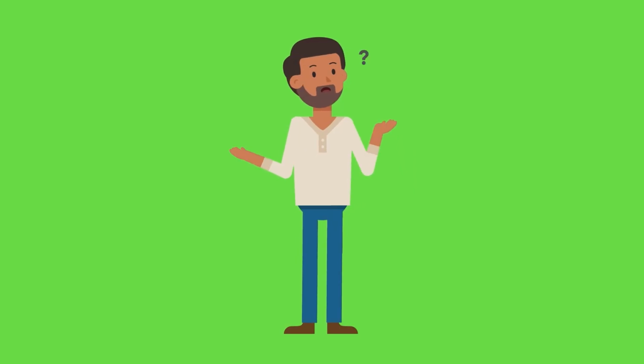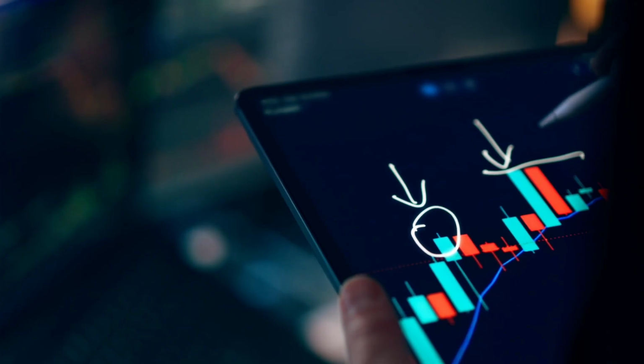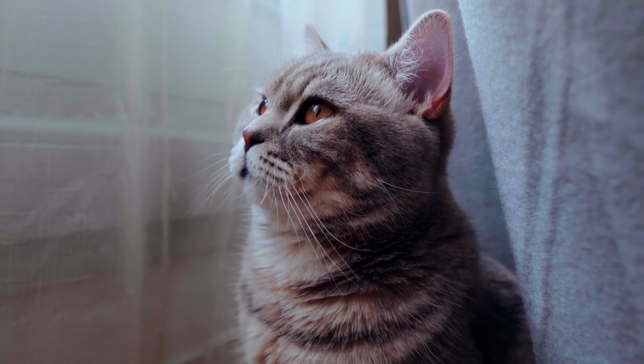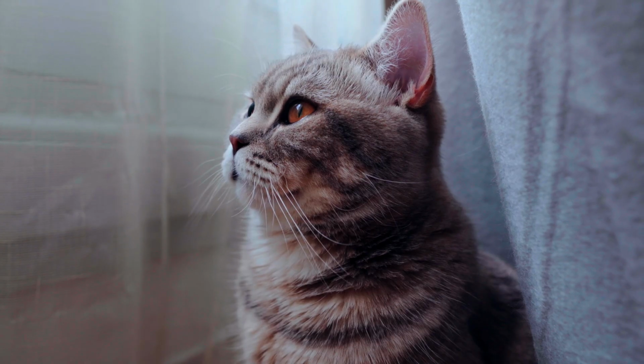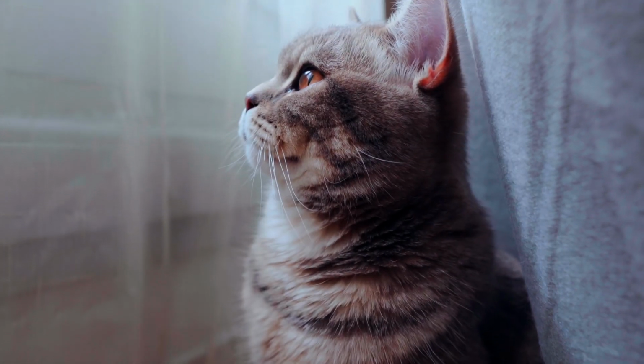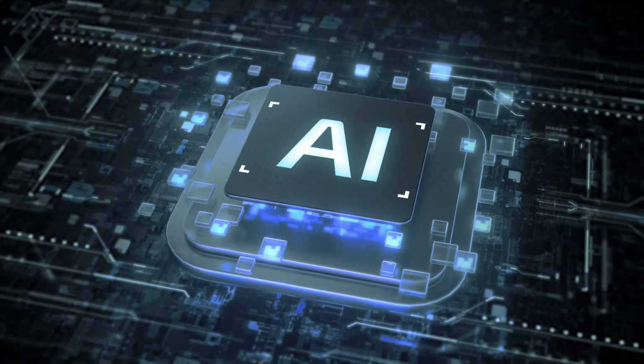So, how does an AI system actually learn? The process begins with prediction. Imagine showing an AI a picture and asking, "Is this a cat?" The AI might predict that there is a 70% chance it is a cat, but if the correct answer is 100%, the system has made a mistake. This difference is called an error. The AI uses this error to adjust its internal connections slightly.